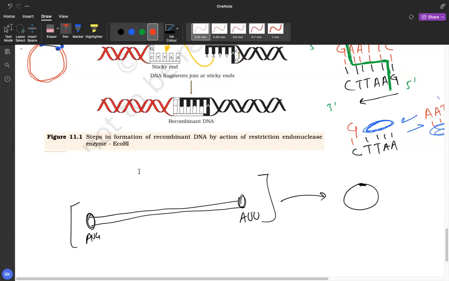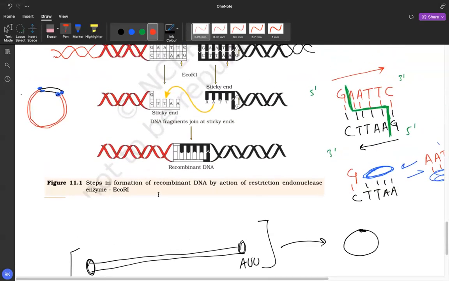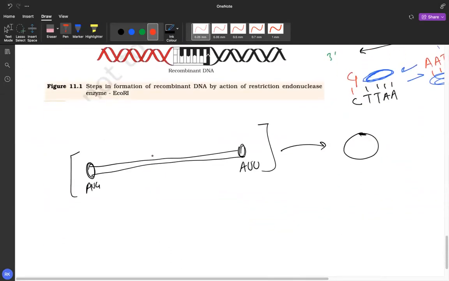Suppose I'm using EcoR1. EcoR1 recognizes one sequence, which is GAATTC. If GAATTC is present in my gene, and I use EcoR1, it will cut my gene, right?